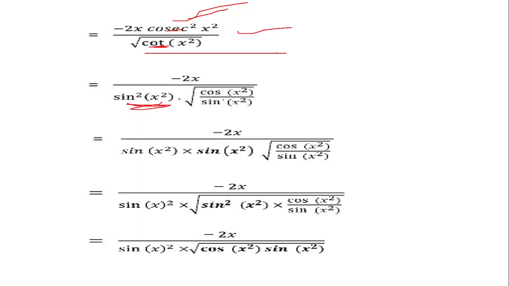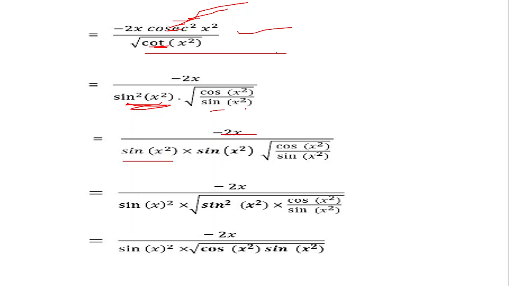Cot can be written as cos by sine. Minus 2x as it is, sine square of x square as it is.